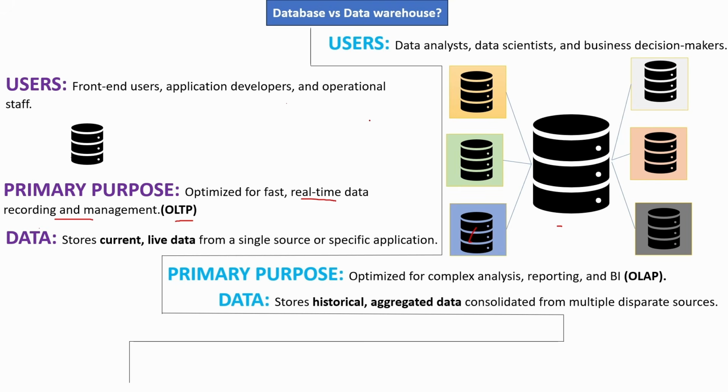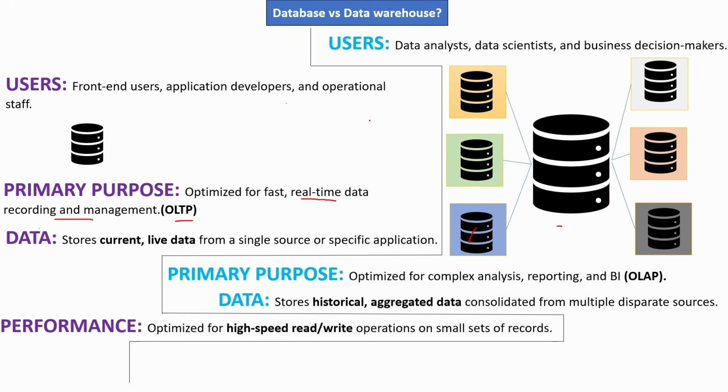If we talk about performance, in order to serve our customers, we need a really fast solution with very high speed reads and writes, correct? So databases are optimized for high speed read write operations on a small set of records. Make sense? Similarly, in data warehouses, we need to scan tons of historical data to support reporting, right?